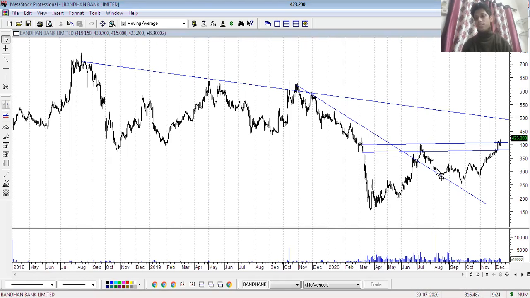There is also a rounding bottom type of formation creating and it broke, so the target will be very high at this moment. So ITC and Bandhan Bank look good to me.